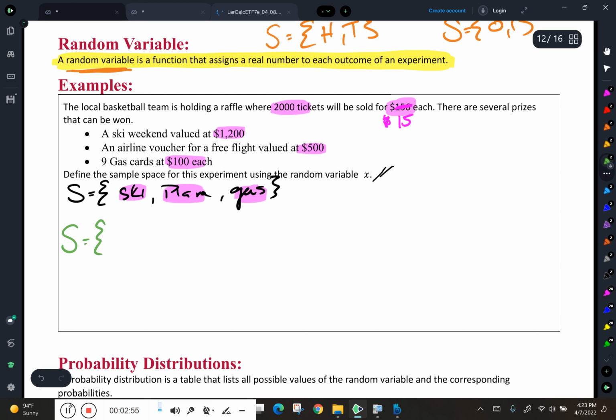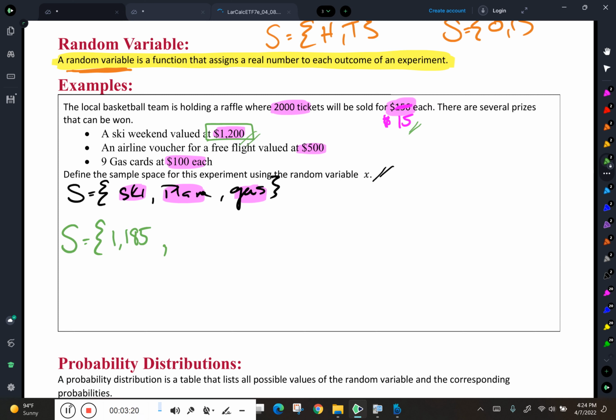So what is the value of the ski trip? Well, the ski trip is valued at $1,200, so its value would be $1,185. Now, if you're wondering where on earth that came from, if I paid $15 for the ticket and I win that prize, I really didn't win $1,200.